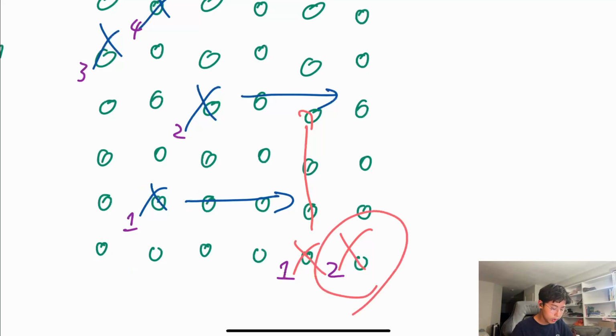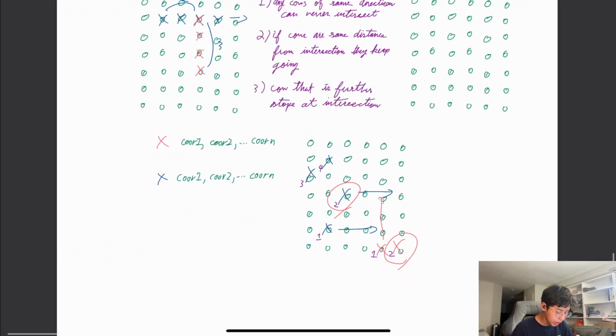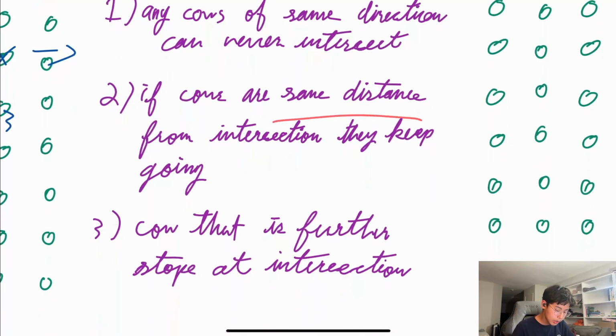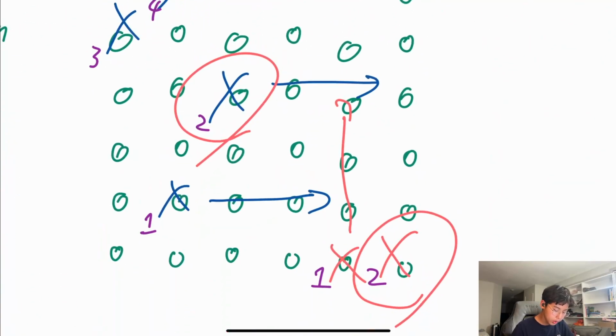So we're going to look at cow 2 and this 2. The distance here is 3, and the distance here is 3. So they keep going by condition number 1. Condition number 2: same distance, they keep going.